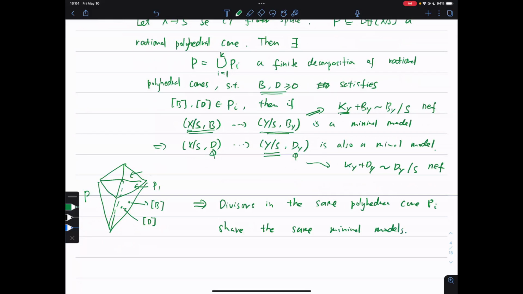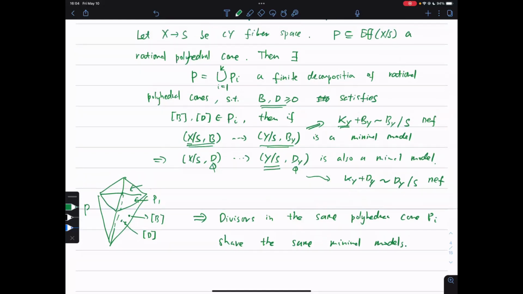If it is a minimal model for one divisor, it automatically is the minimal model for the other divisor. Okay, so this is the rough idea of this theorem. And because in our case we are in the Calabi-Yau case, the minimal model just means the divisor itself is nef.